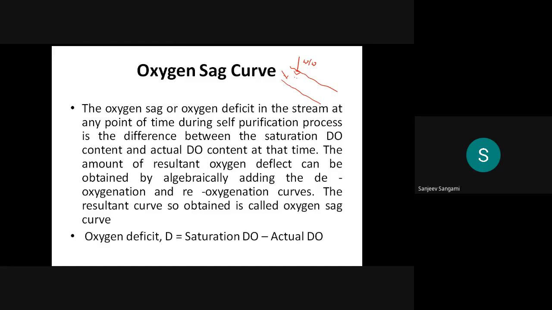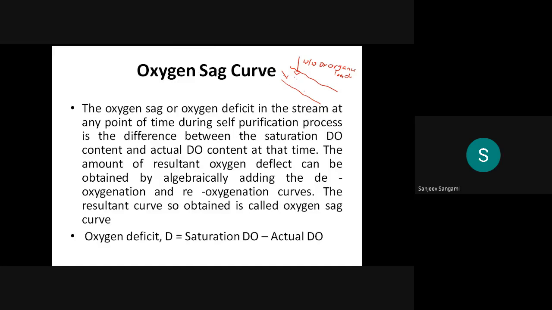If you discharge wastewater at this point, how exactly does the oxygen go on decreasing or increasing based on the wastewater load, the organic load? I already said it is organic load. How exactly is it going to increase or decrease as it moves towards downstream?